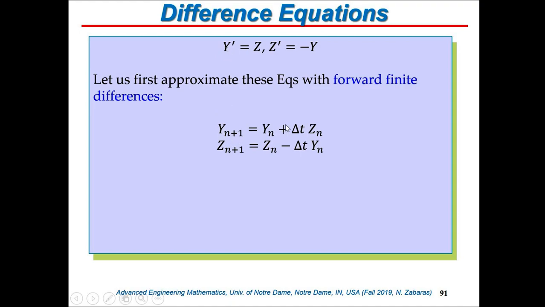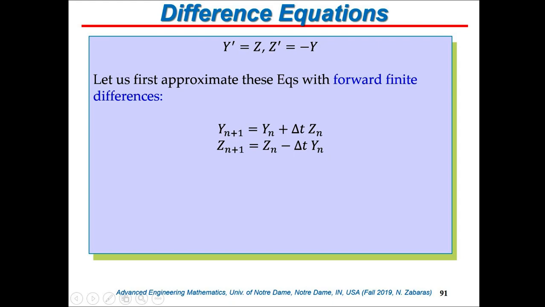So I can write this as yn plus 1 minus yn divided by delta t equal to zn. That's an approximation of my first equation. And similarly, for the second equation, zn plus 1 minus zn divided by delta t is equal to minus yn.